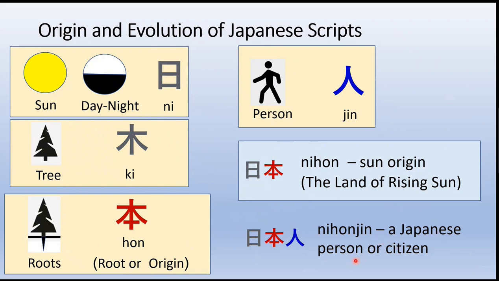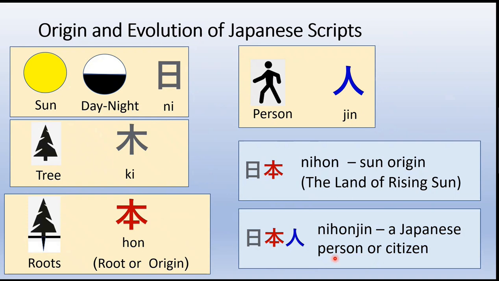So a Japanese person or a Japanese citizen. So in this way, ni, hon, Nihon, Nihonjin. We keep adding the kanjis and we form new words with new meanings. So this is how the kanjis are formed. And in future courses, we shall be doing all the kanji symbols that are available in modern Japanese language. We shall derive them, understand their meanings and use them in sentences.